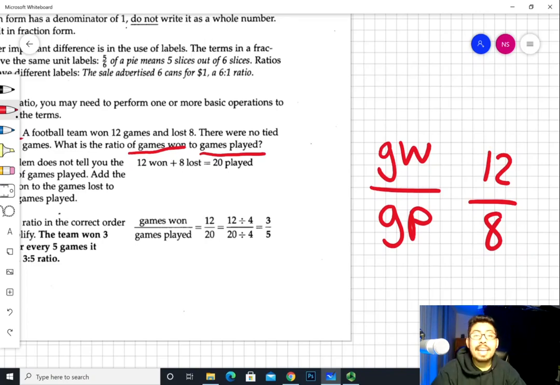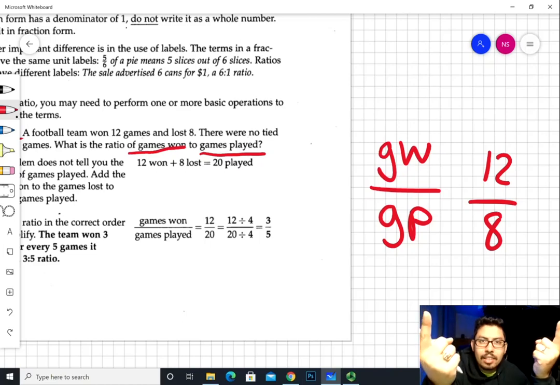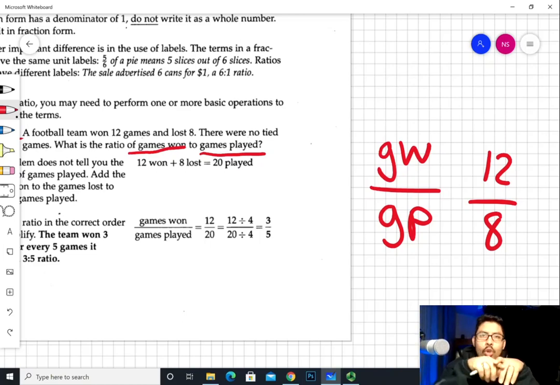The question is asking for games played. So then you're just like, there is no number. They don't give us a number for games played, Neil. What's the answer? Well, yes, my friends, a little critical thinking. You have to do a little bit of thinking. If in a football season you won 12 games and you lost 8, you're telling me you can't solve the total amount of games played?